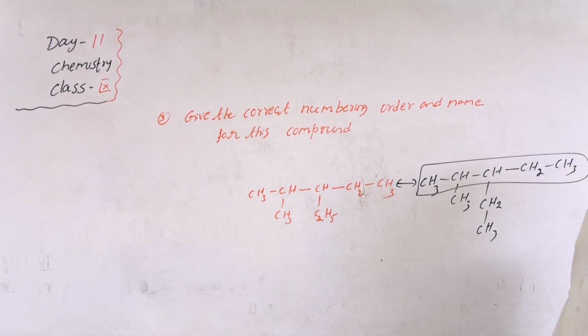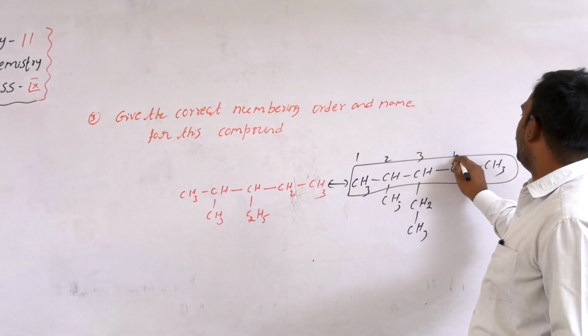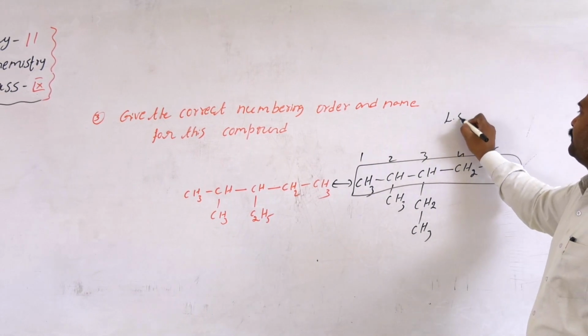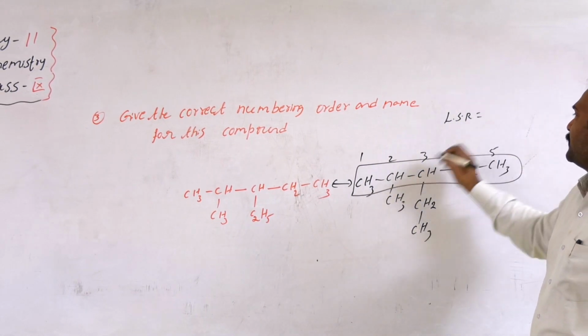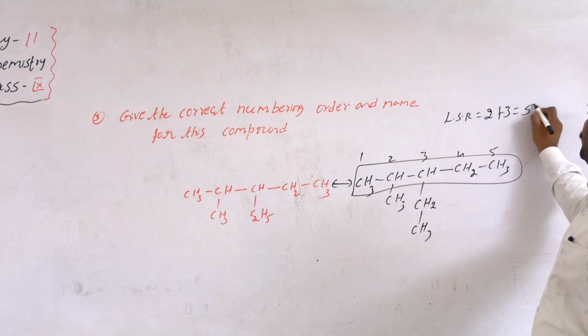Then numbering, 2 methods are there. 1, 2, 3, 4, 5. According to the lowest sum rule, position of the substituent 2 and here position of the substituent 3, 2 plus 3 is equal to 5.